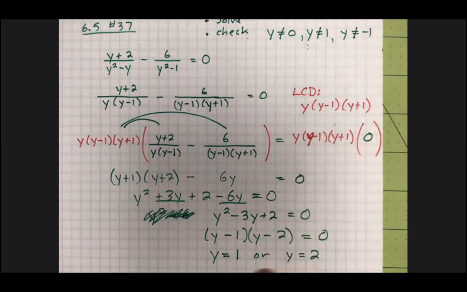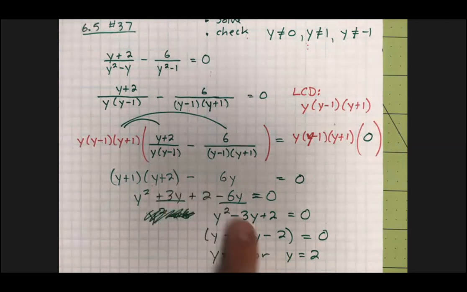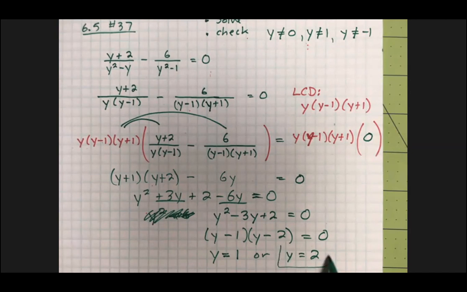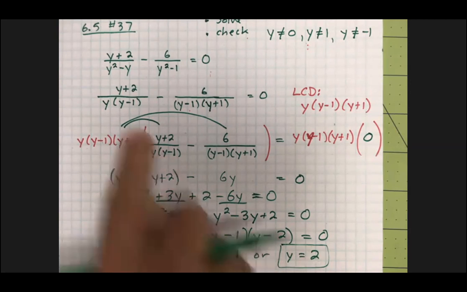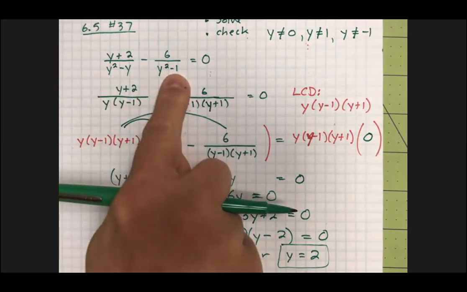So I don't care that these came out of this equation. Like, this is math. I've got 2 answers. No, you only got 1 answer because this one is not legitimate. This is the only answer. You have to reject this answer because y cannot be 1. It would ruin the denominators.